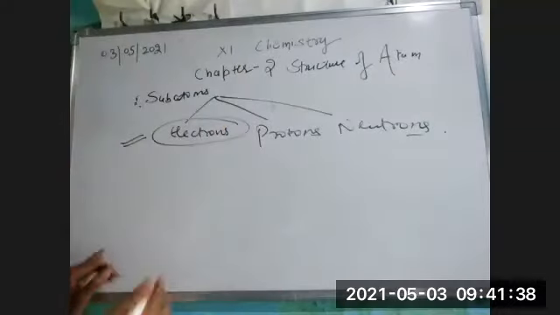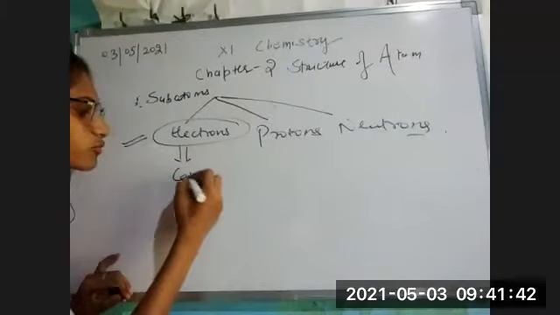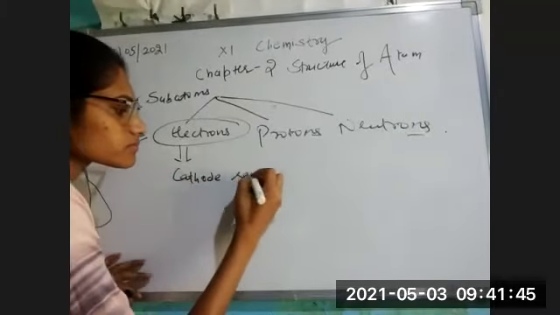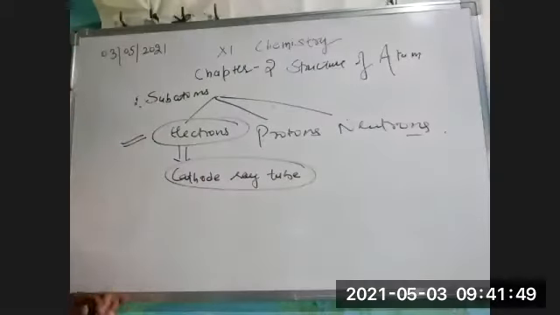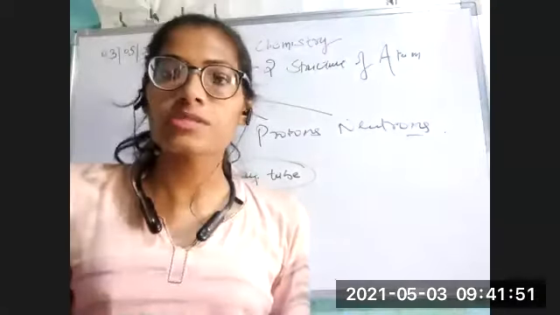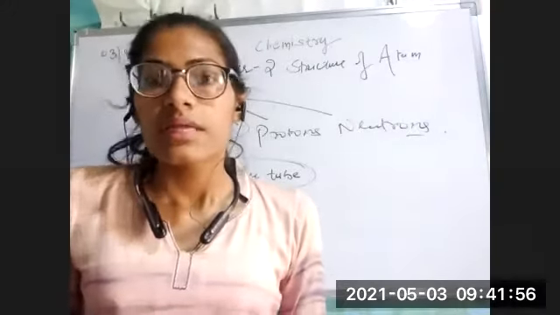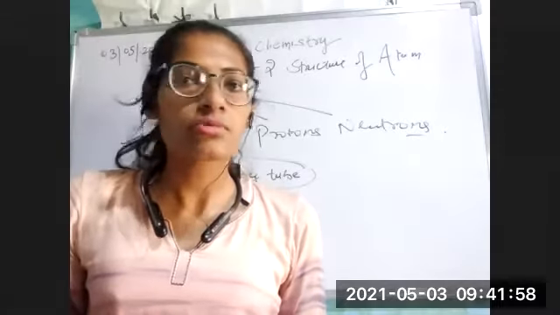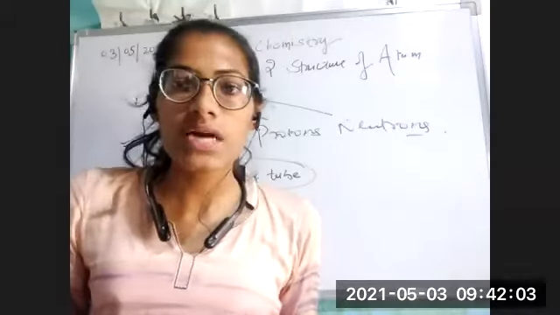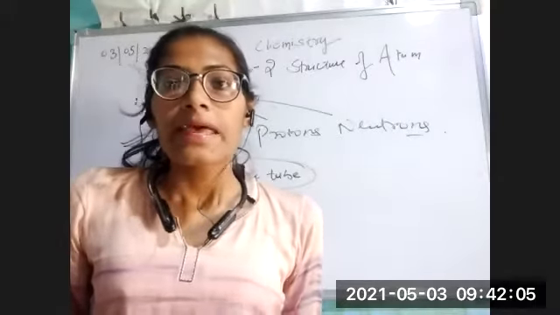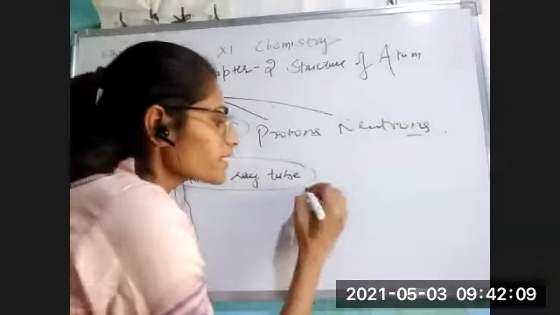Faraday did an experiment with a cathode ray tube, and in this particular tube, we have two different types of electrodes. You know very well, there are two types of electrodes, cathodes and anodes, a negative charge and a positive charge.